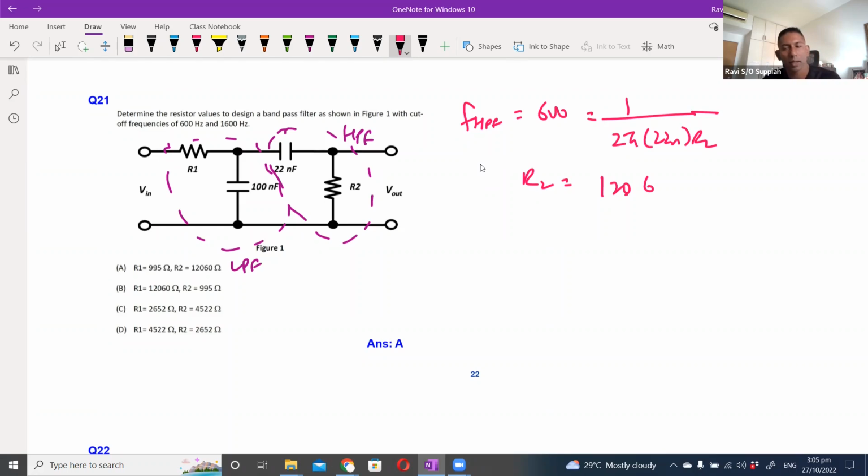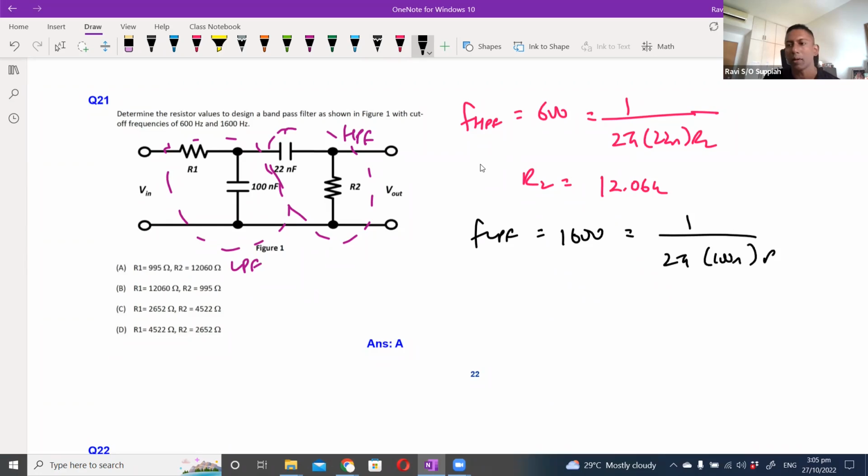Your frequency for the low pass filter is 1600, which will be 1 over 2 pi, 100 nano, and R1. R1 is going to be 995 ohm. So that's how you get your answer here.